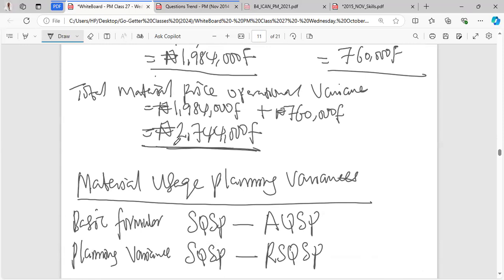It means that it's either the purchasing manager bought substandard quality of product and it results to wastage in usage. So that could account for why there is a favorable price, substandard, adverse usage, wastage.